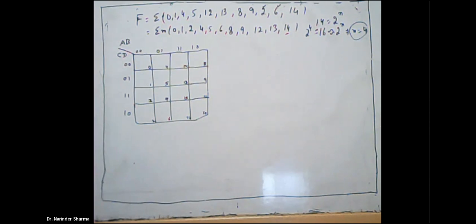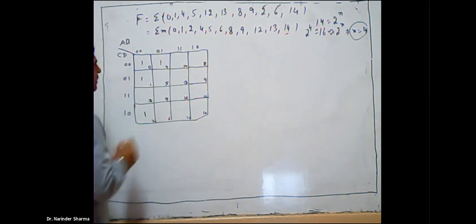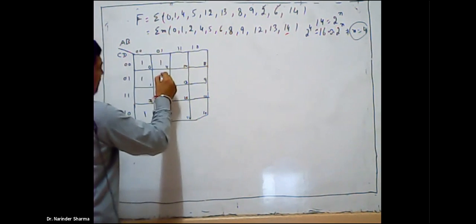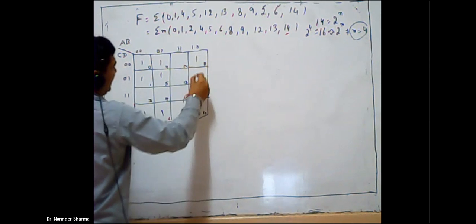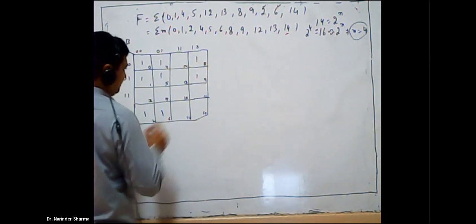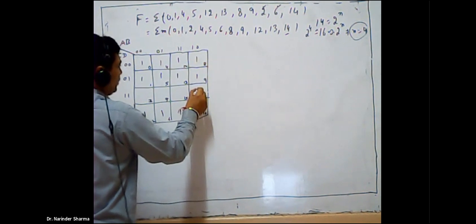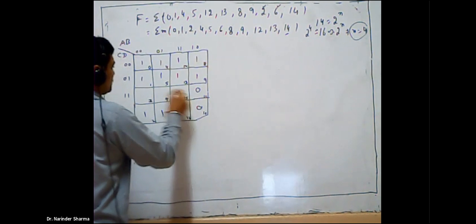Now, 0, 1, 2, 4 have to be marked with 1. 5, 6, 8, 9 have to be marked with 1. 12, 13, 14 have to be marked with 1. The rest are don't care, which is not given. You have to insert these.